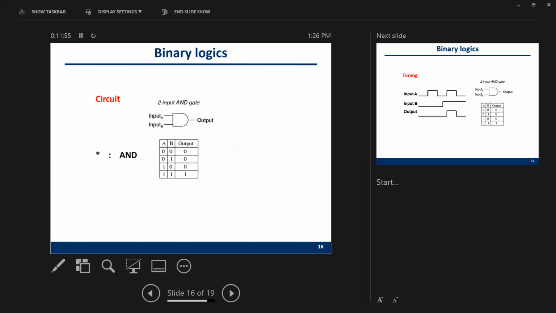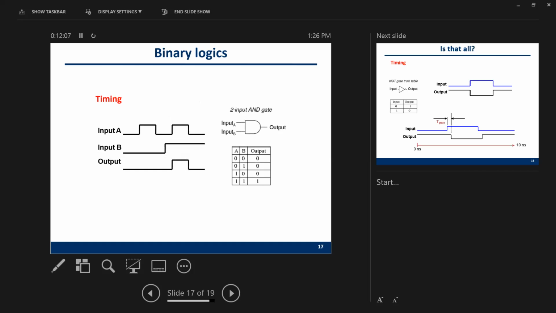If you only have one cycle, that's combinational logic. If you have a clock with multiple cycles, it's a sequential circuit. This is a 2-input AND gate. Here is the truth table, and here is the timing part.